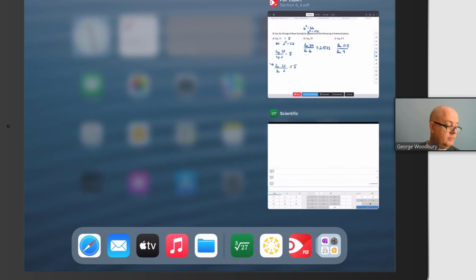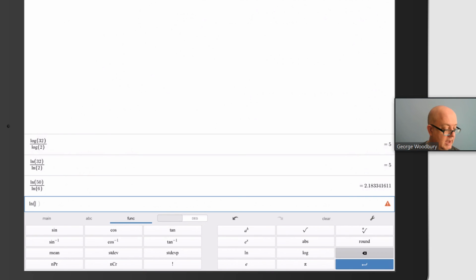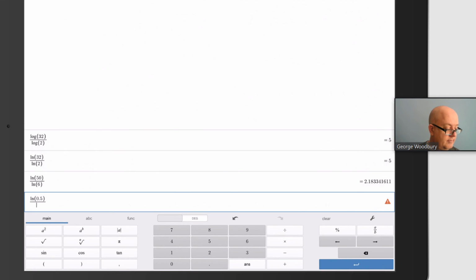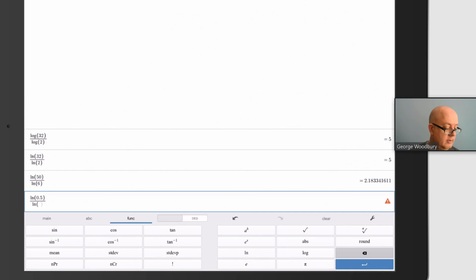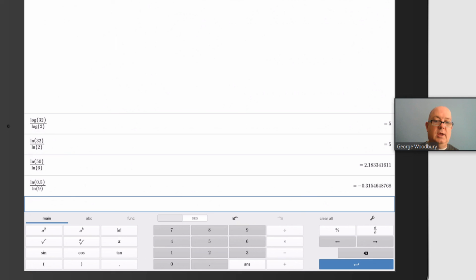Let's check this one out. Function, natural log, main, 0.5. Tap behind that, divided by function, natural log, main, 9. And we're looking for 4 places here. I've got negative 0.3154. The next number 6 is big enough to round up. So negative 0.3155.